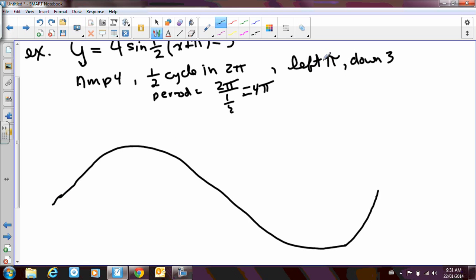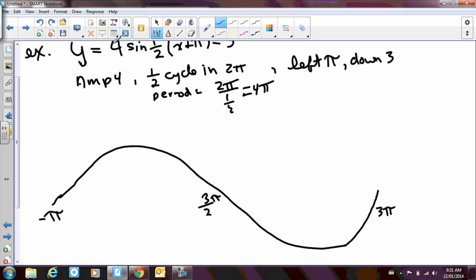So I've moved my original graph left a distance of pi, which means that it starts at -pi. If this distance is now 4 pi, that makes this 3 pi. And of course, right in the middle is going to be 1.5 pi, or 3 pi over 2.